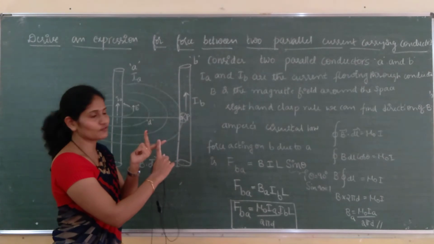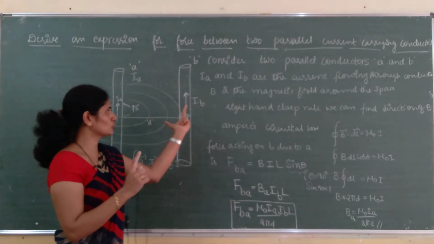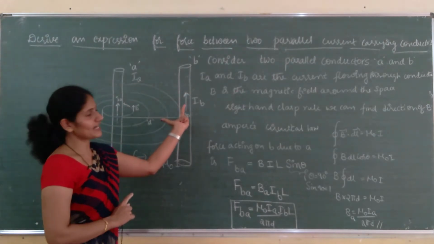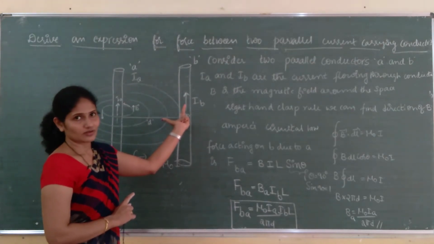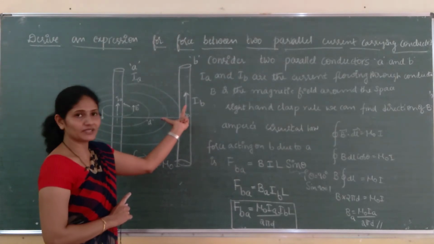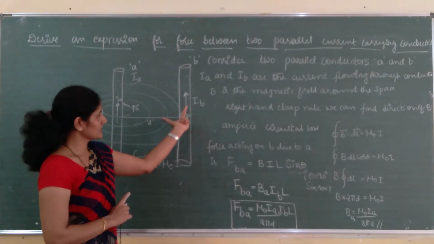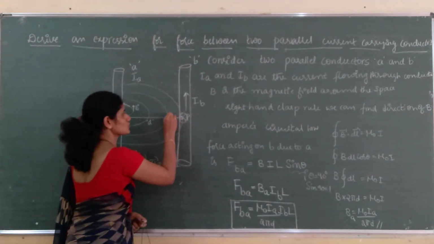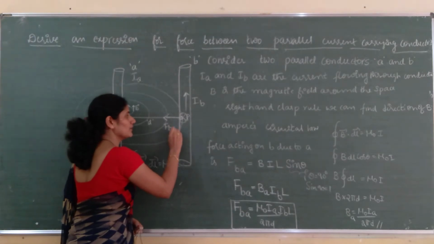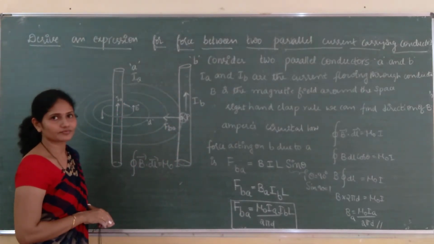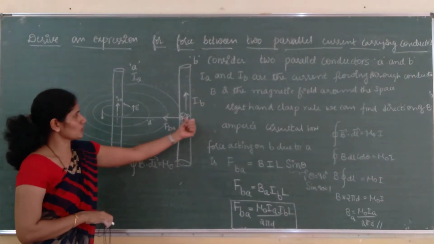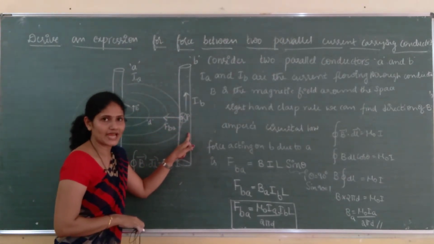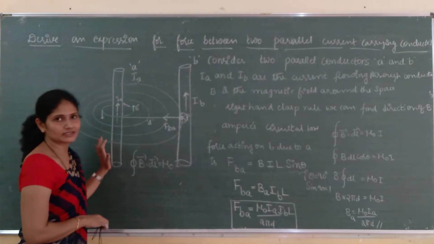The forefinger gives the direction of magnetic field, which is into the plane. This is current I. The thumb gives the direction of force. Therefore, the force acting on B by A is in this direction. This is the direction of the magnetic force acting on B by conductor A.